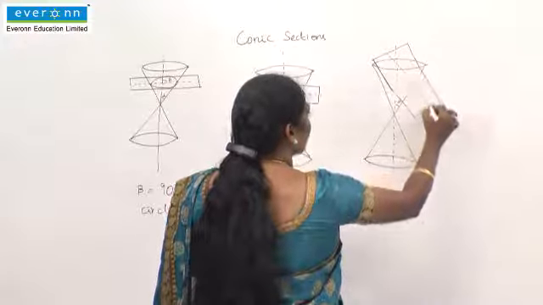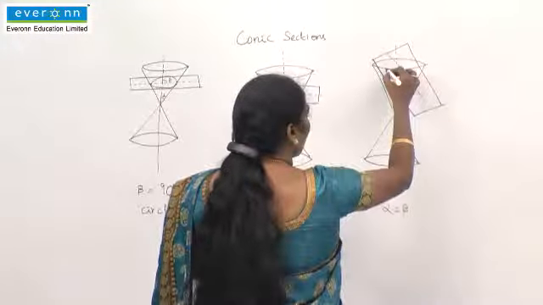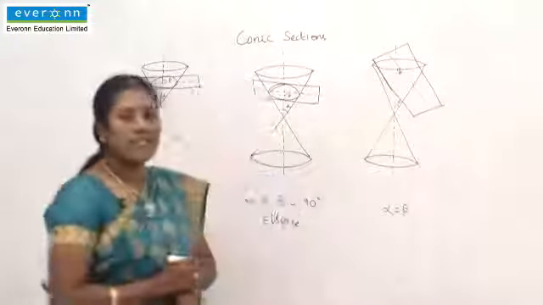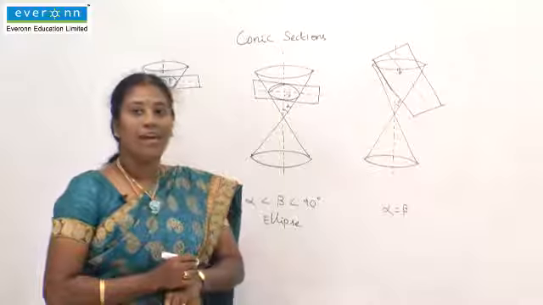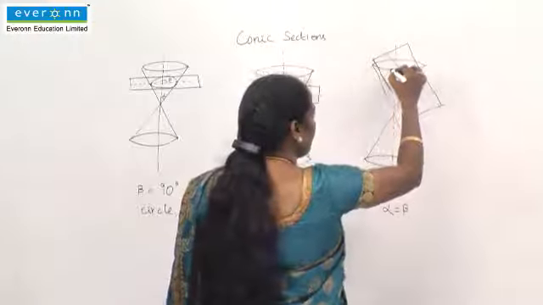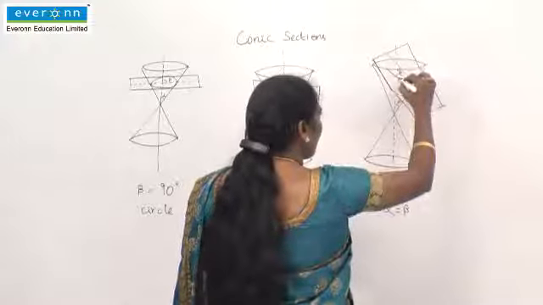So, in this case we get a parabola. This is the angle beta which the plane makes with the axis.